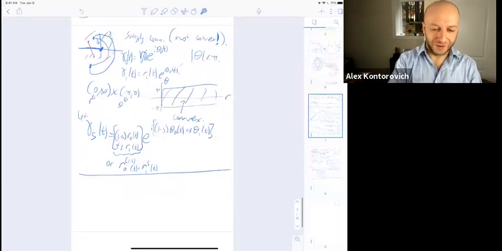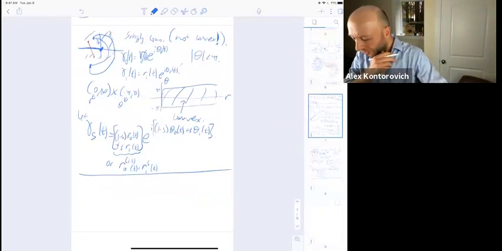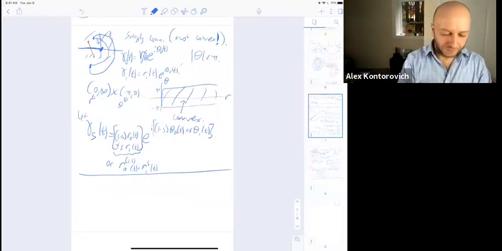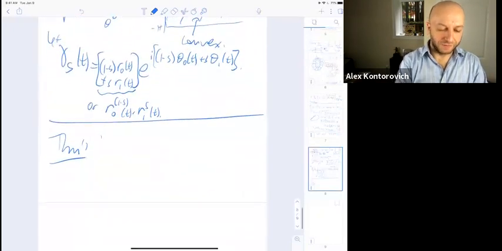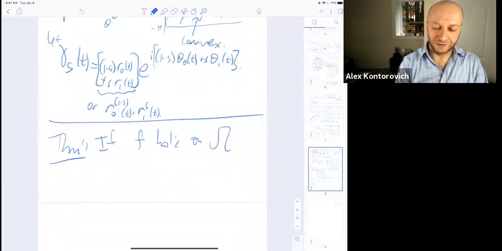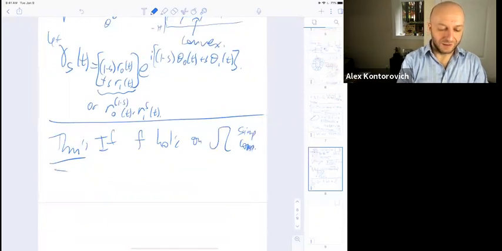Yeah, okay. So some corollaries. Theorem: if f is holomorphic on a simply connected region, then f has a primitive.